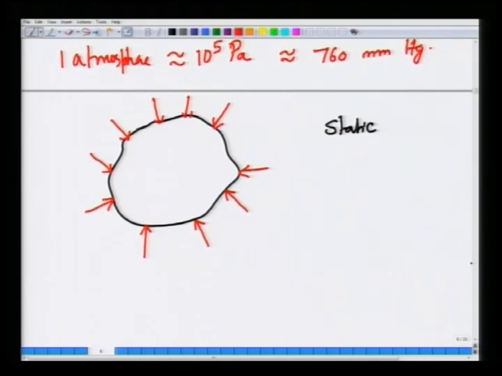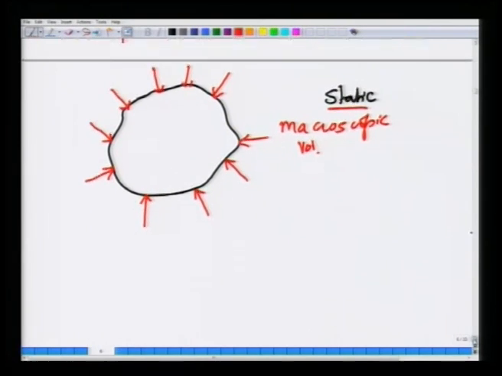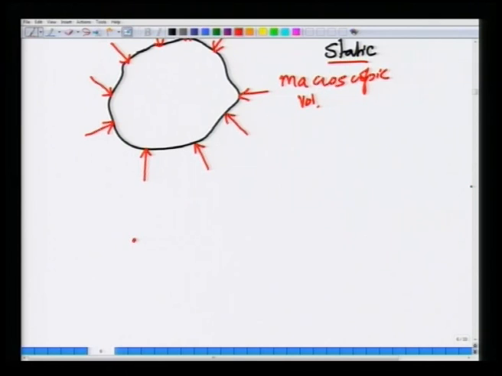This is for a macroscopic volume in a static fluid. Suppose I consider a point in a volume and construct a surface, with some orientation. Whenever I construct an area, there is orientation associated with it, because I can orient this area in many ways.